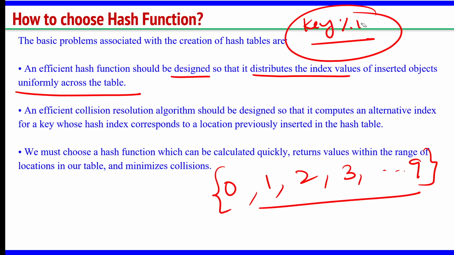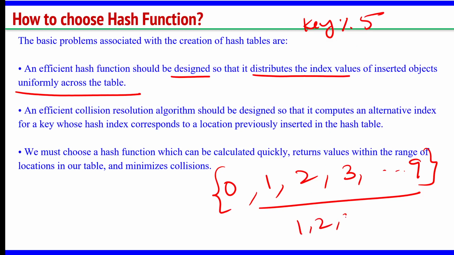But if I take key modulo 5, then maybe it is always producing values between 1 to 3 only. That can happen, so it should not be like that. It should uniformly distribute across the table. Next, an efficient collision resolution algorithm should be designed.